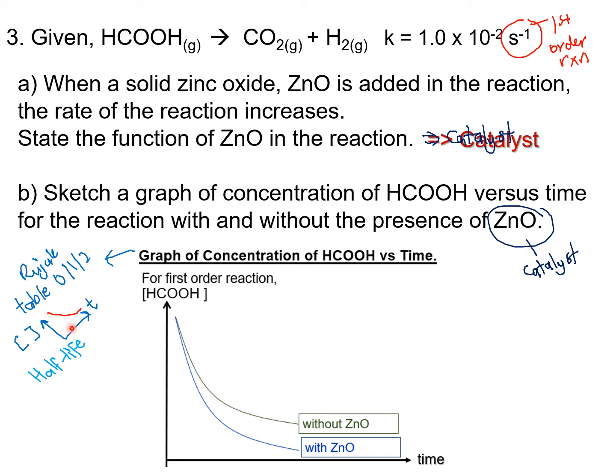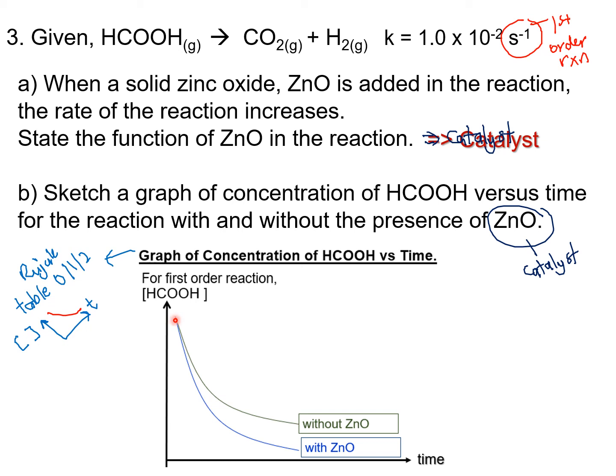Okay, tapi tak kisahlah pasal tu, sebab dalam case ni yang dia kisah ialah dia suruh kamu buat graph with and without the presence of catalyst. So you tahu if it's first order punya reaction, you should get graph yang melengkung macam ni.